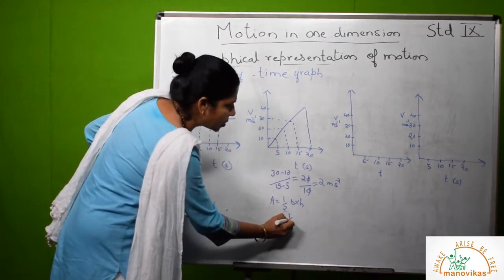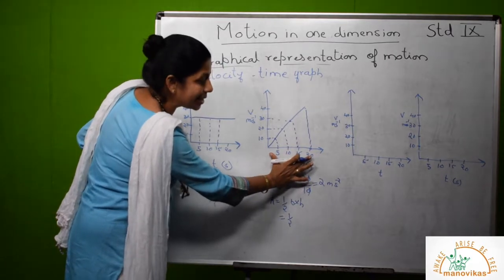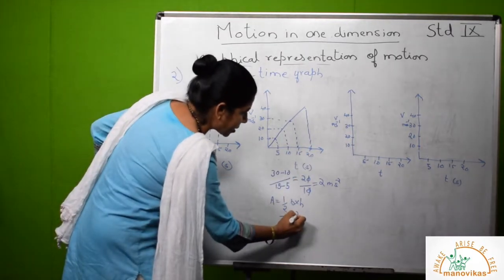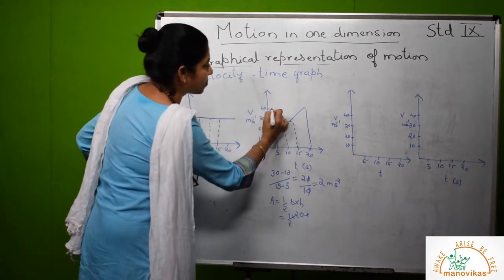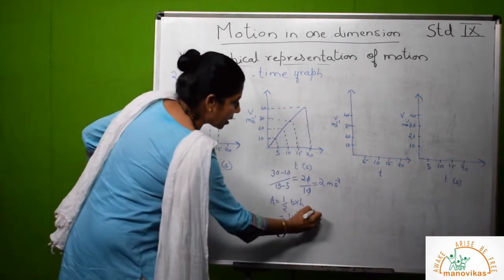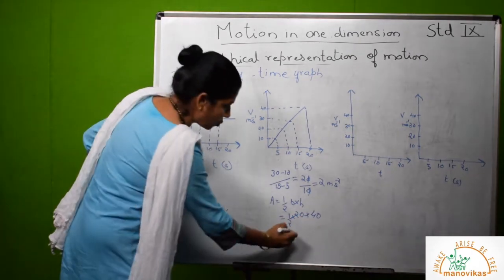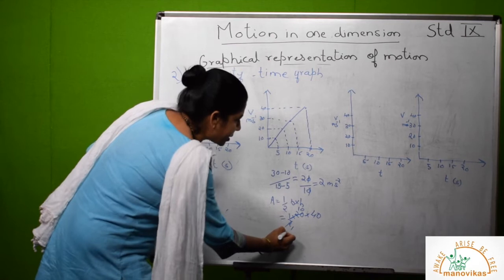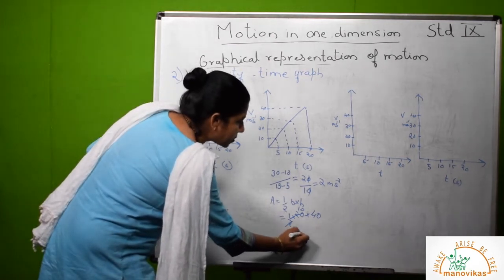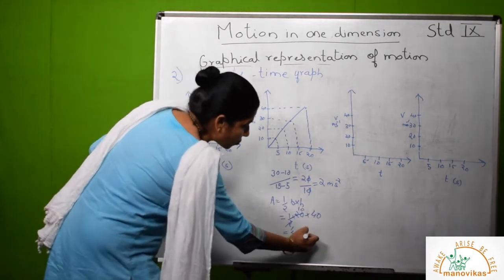So it is half, base is 20 seconds, multiplied by height 40. 40 multiplied by 10 is 400 meters.